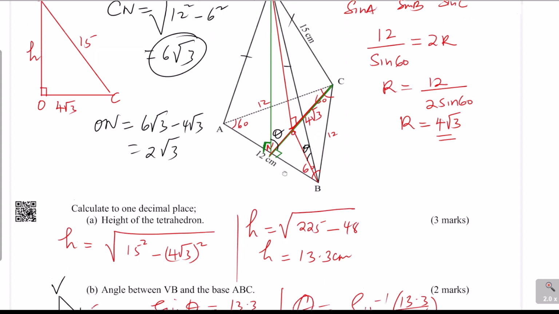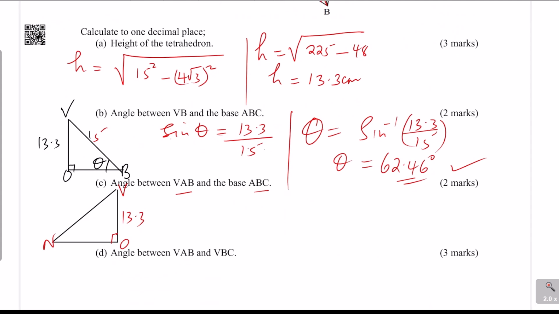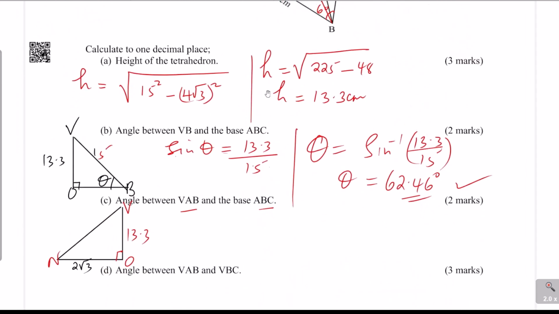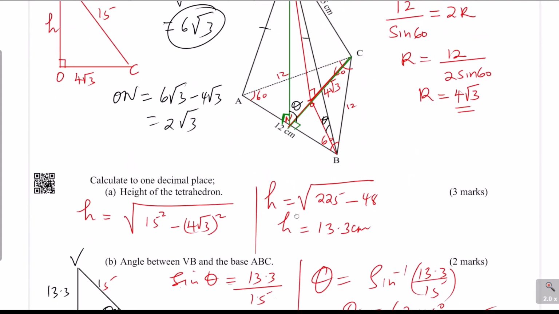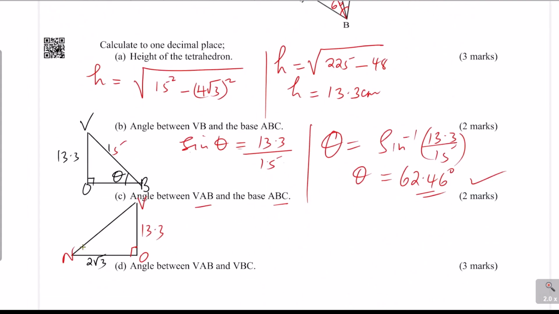So now having this one as 2 root 3, that is ON or NO, now we can get the required angle. Remember, the required angle is this angle here. This is the required angle between the two planes. And for this one, you can use tangent.